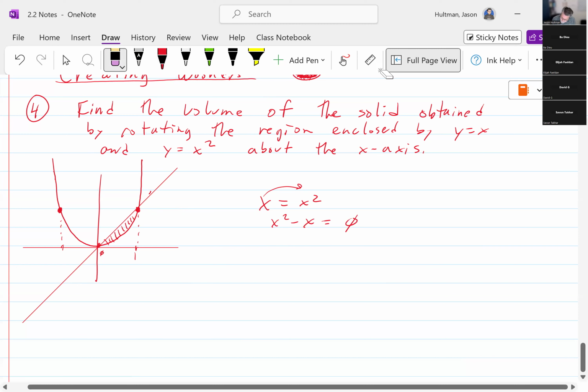Factor out an x, and we get x equals 0 or x equals 1. We know that the endpoints are 0, 0 and 1, 1. That's at 1, 1. That's at 0, 0.